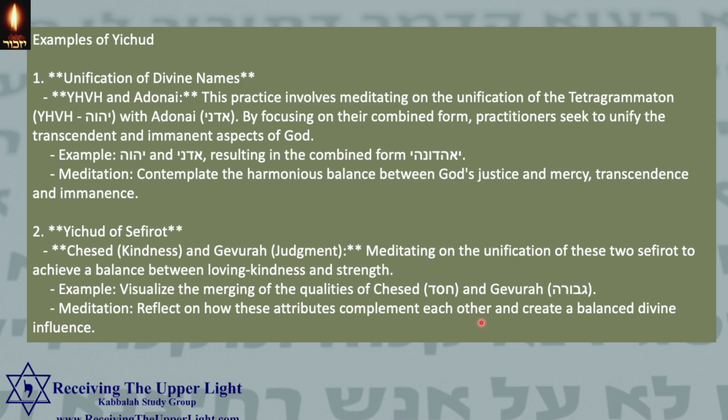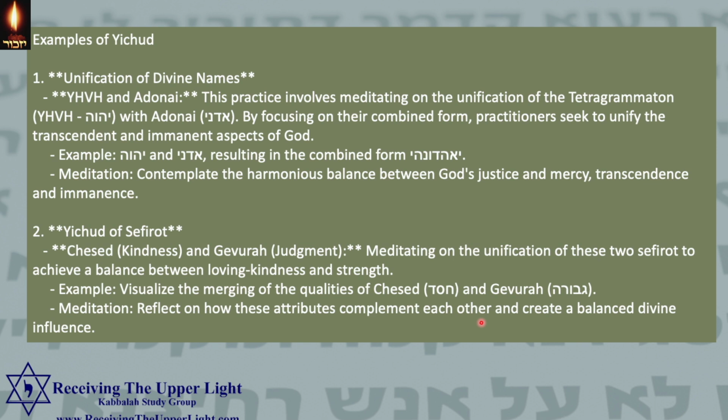It's like Chesed and Geburah becoming Tiferet. So these two concepts of loving kindness and strength, how these two concepts can become one, and this is where meditating also on the aspect of Tiferet can help.